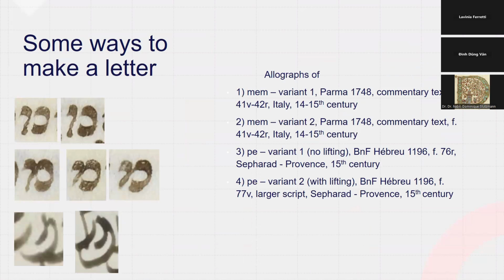And another set of such allographs, we can have a mem, which is done with this unusual disrupted shape. Usually we will have 2 parts touch here, but the first row and the second row all appear in the same manuscript on the same page.